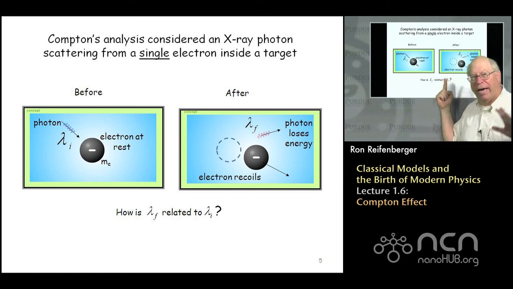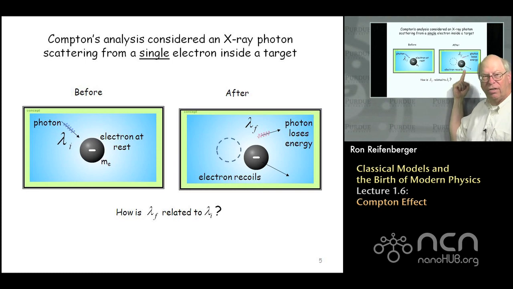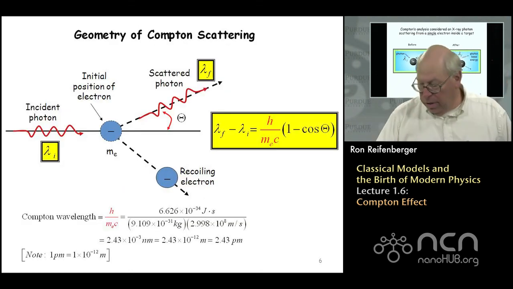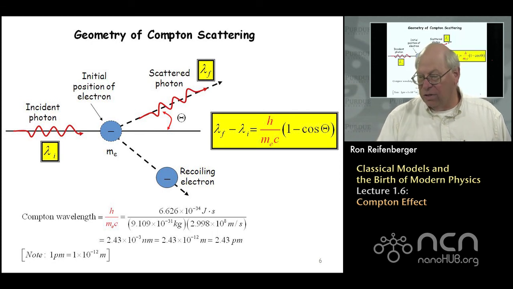Now, of course, experimentally, you can't measure the recoil of the electron. That's buried inside the block. But what you can do is measure the wavelength of the scattered photon, and then you can infer how much energy is lost to the electron. So Compton pursued this analysis.